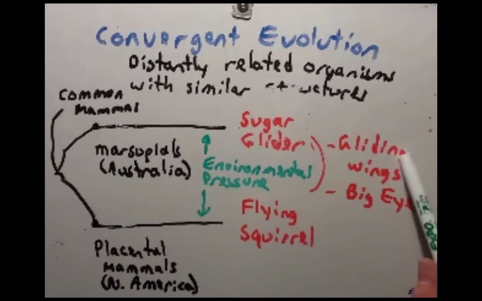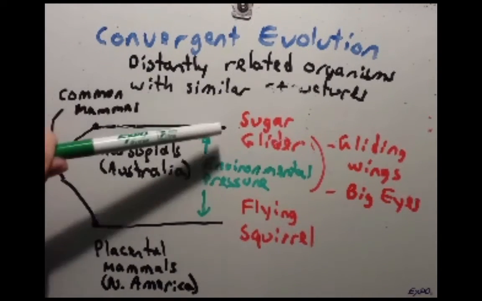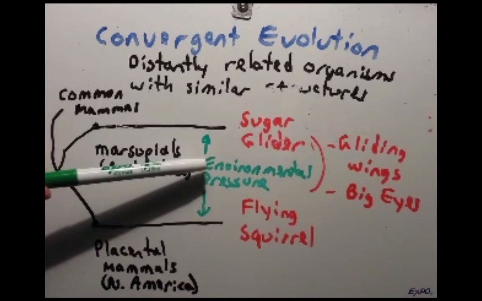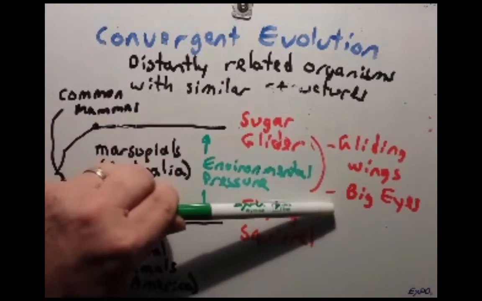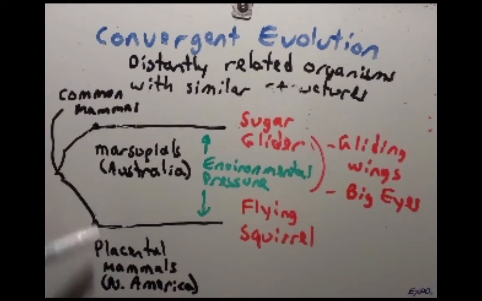So both of these features allowed them to survive, get away from predators, to hide, to find food, and to have the active part of their life at nighttime. So we call this convergent evolution because similar features converge, gliding wings and big eyes, and we cannot explain them based upon a common ancestry.